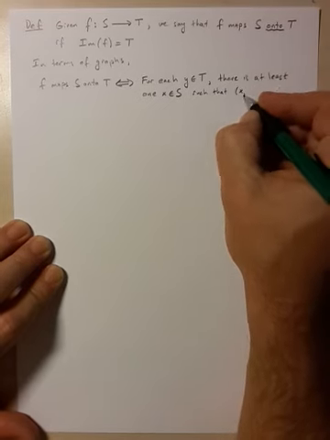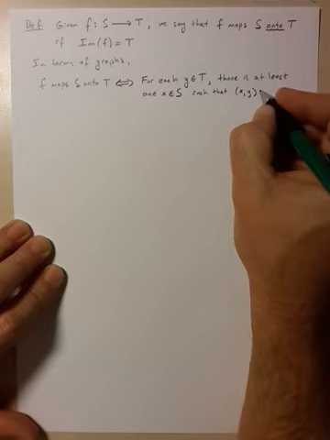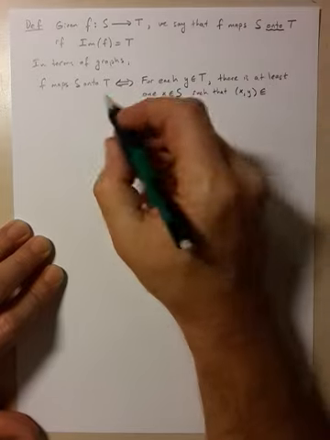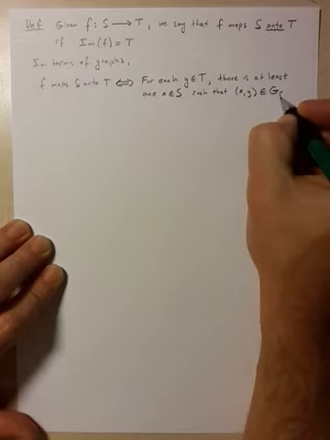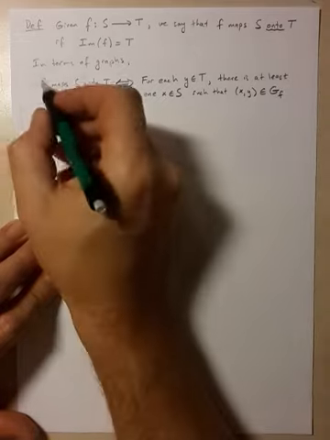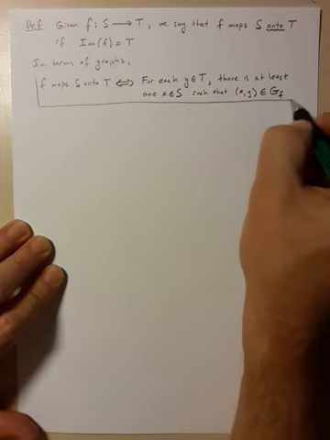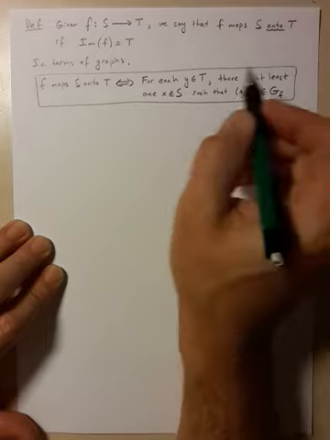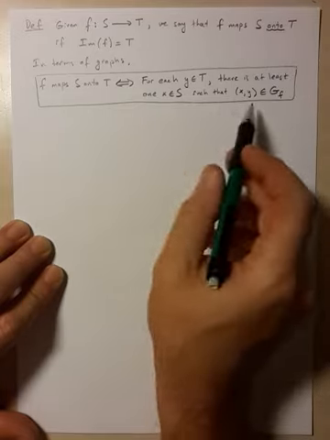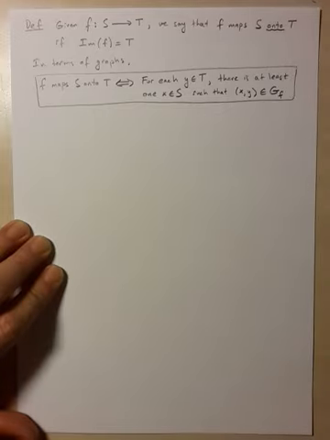In other words, (x, y) is an element of the graph of the function, right? So this is how we can check whether a given map is onto or not just by looking at its graph.